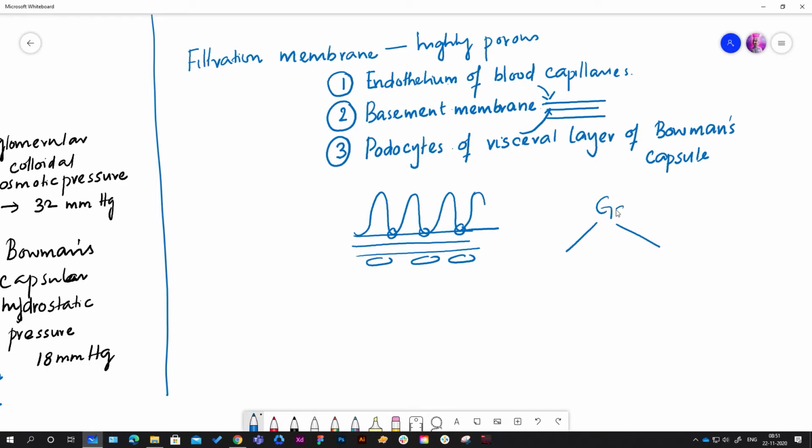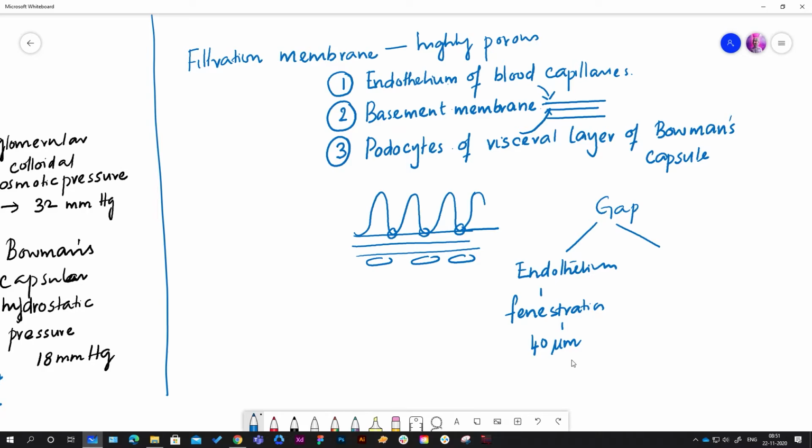In the endothelium, there are gaps, and these gaps are called fenestrations. Each endothelium will have a gap, called a fenestration, and this fenestration is about 40 microns.